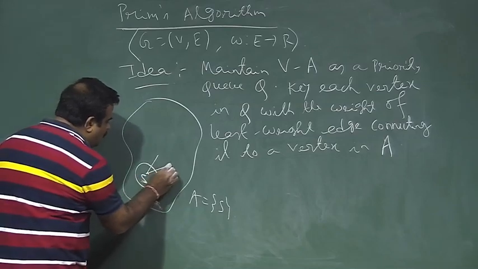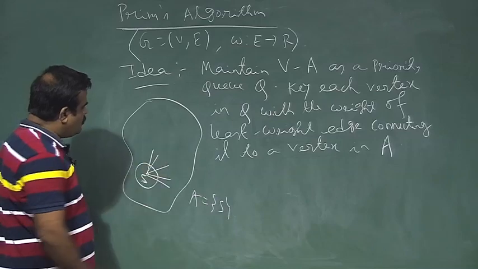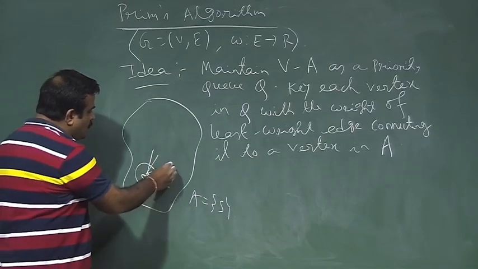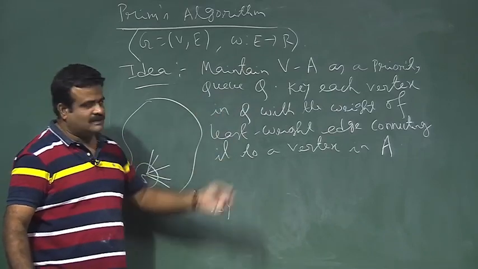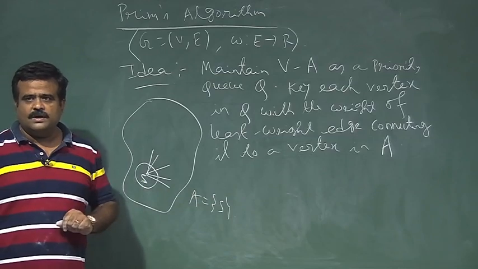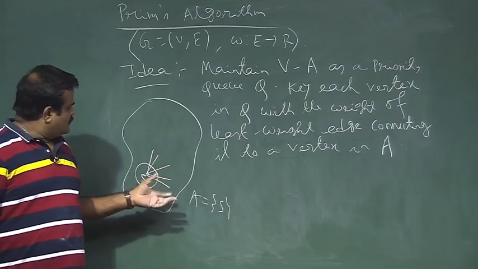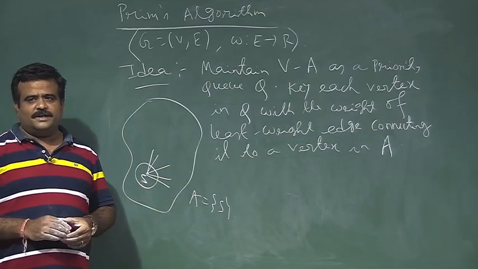Now, we consider all the bridge edges connecting from S to A complement. That gives the key values of the vertices, and we put everything into Q. The Q is the priority queue; depending on how we implement it, it could be an array also.